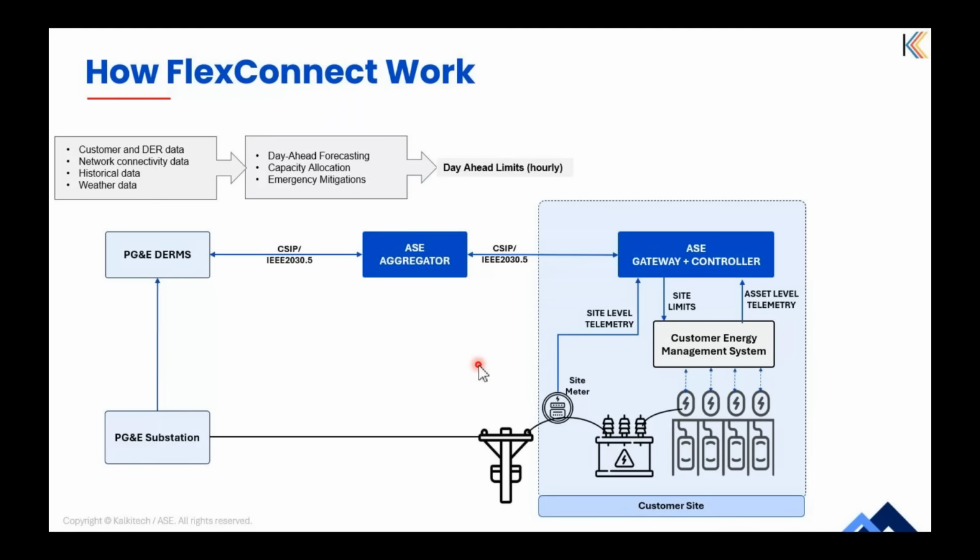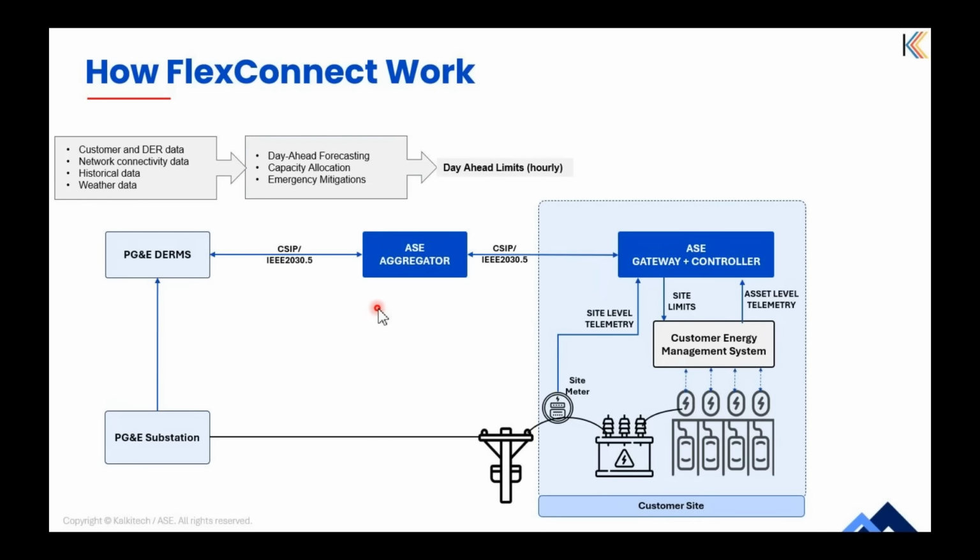Finally, the customer's EMS uses the limits received via the ASC aggregator and gateway to actively manage the site's energy assets, like throttling back EV chargers or adjusting other controllable loads, ensuring the facility operates within the specified limits for each hour. So you can see it's a coordinated closed loop system. PG&E sets the limit.